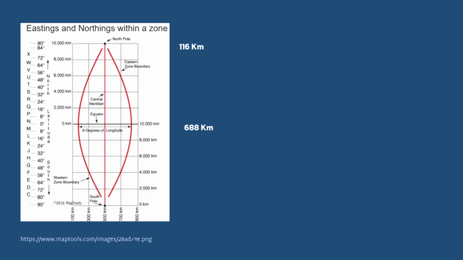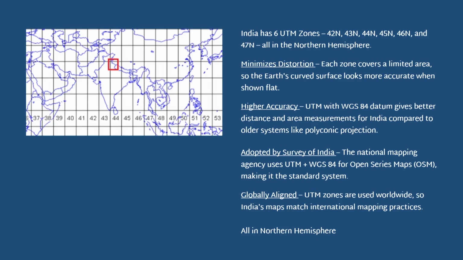From the equator, if you take this 6 degree, it is almost 688 kilometer wide. If you move towards the north, it is 116 kilometer. So, this is India. India has 6 UTM zones, starting from 42 and ending with 47.